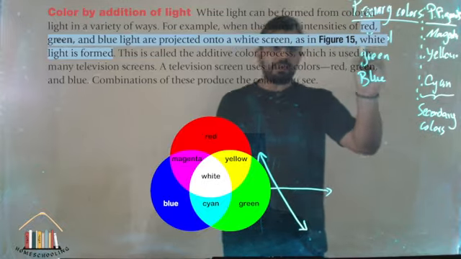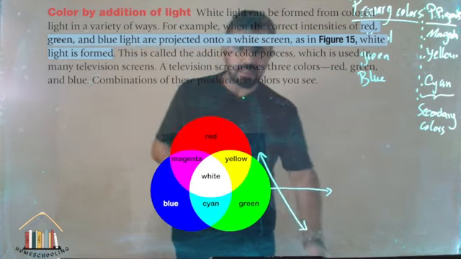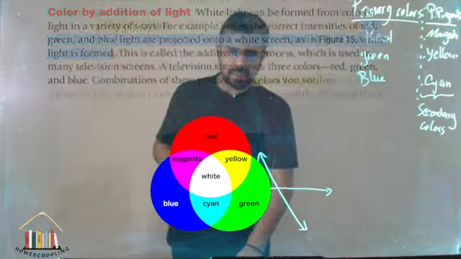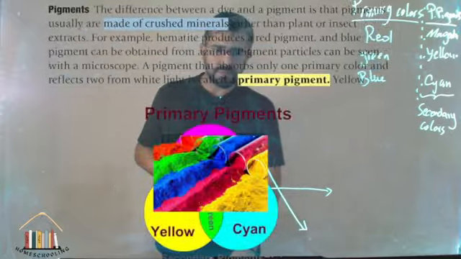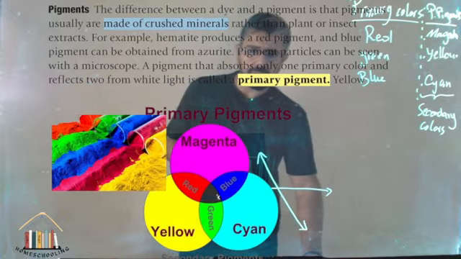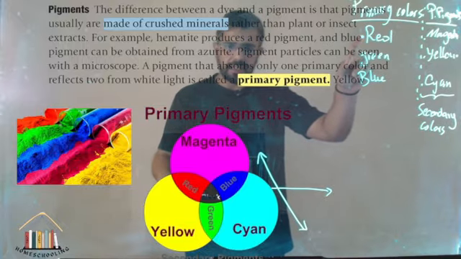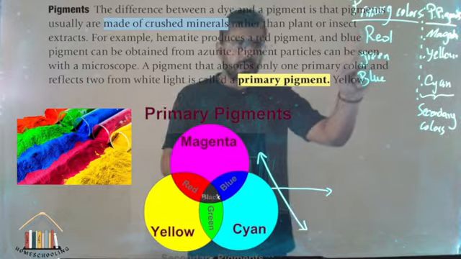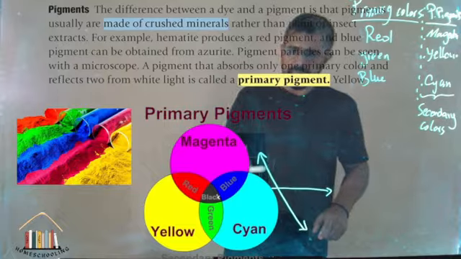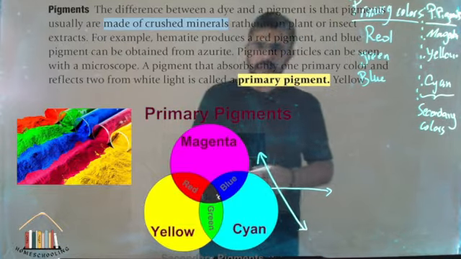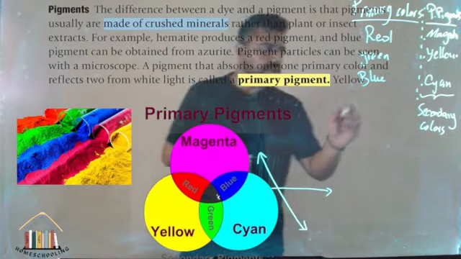However, the blue, the green, and the red are considered as, let's go back to this slide. Yes, this one. Look at the picture: the red, the green, and the blue are considered as secondary pigments.